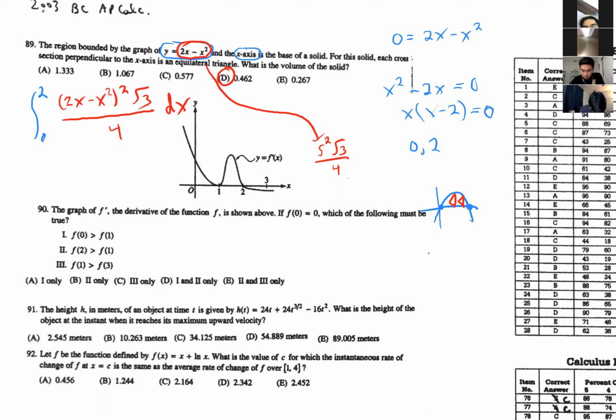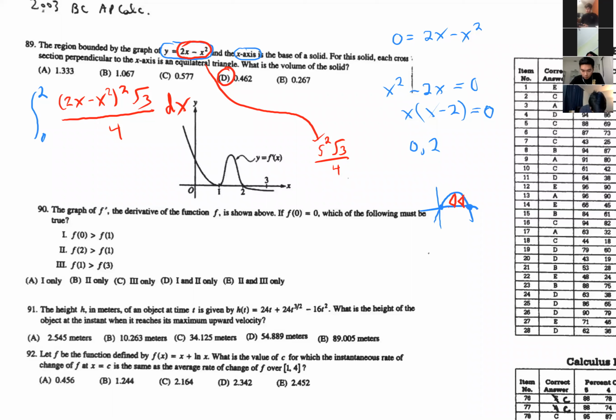But doesn't that just mean when they say the cross section is perpendicular to the x-axis, they're talking about a vertical height? It's not referring to the height. It's just that each cross section of the solid is perpendicular to the x-axis, instead of being perpendicular to the y-axis.